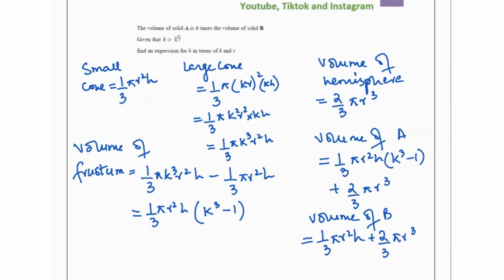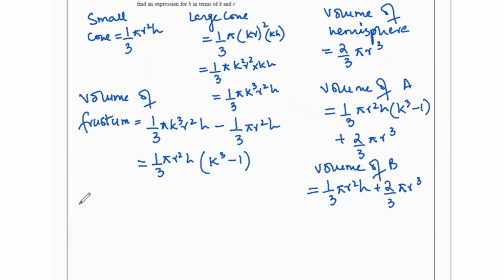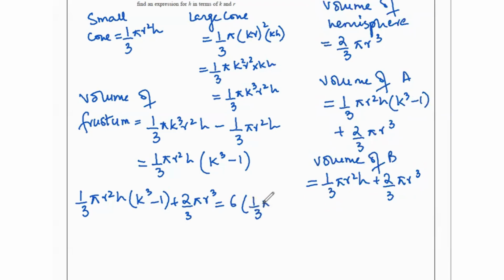Now we make another equation where volume A is equal to 6 times volume B. So 1 over 3 pi r squared h times k cubed minus 1 plus 2 over 3 pi r cubed equals 6 times 1 over 3 pi r squared h plus 2 over 3 pi r cubed. Let's separate this.